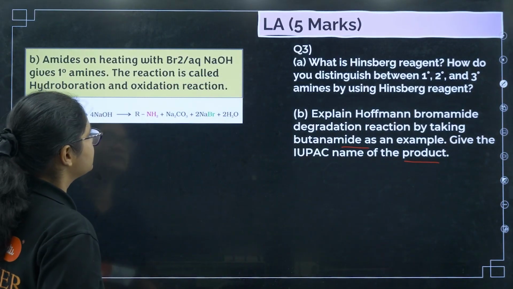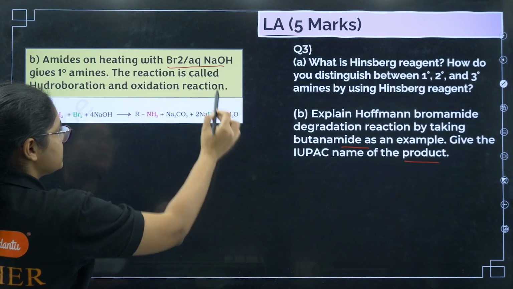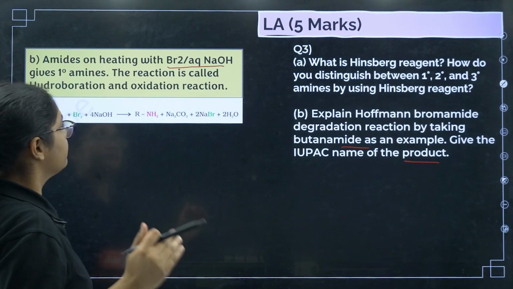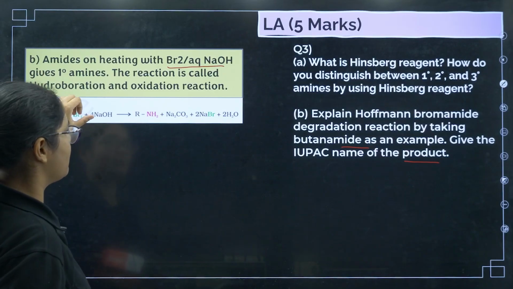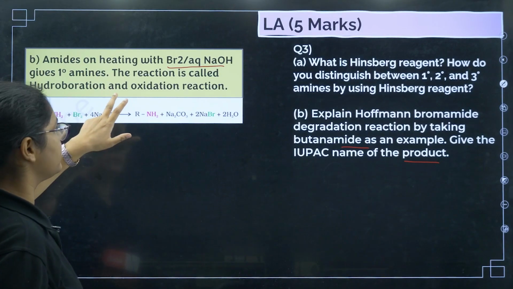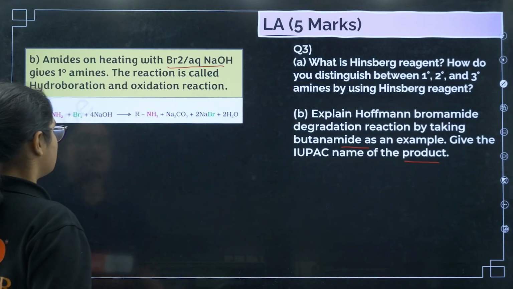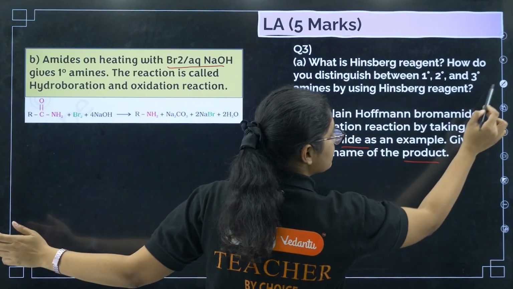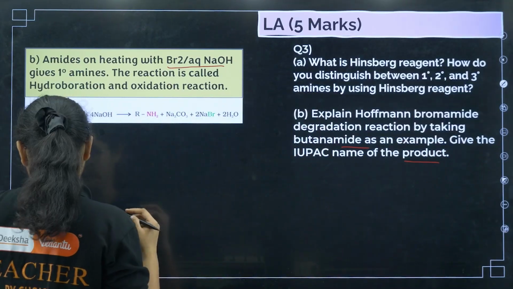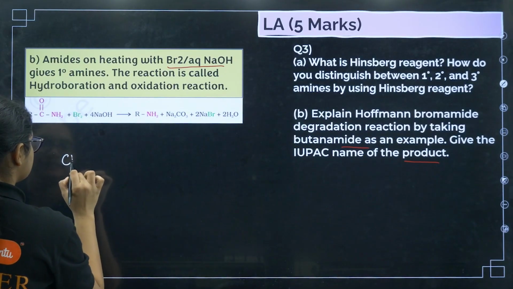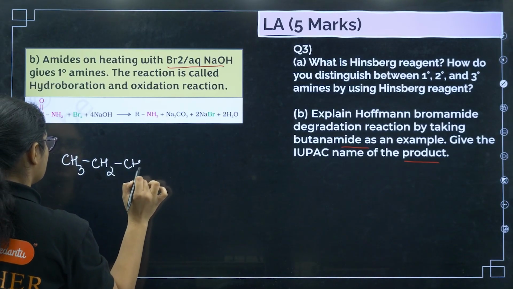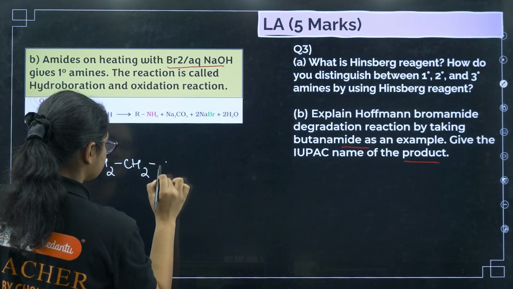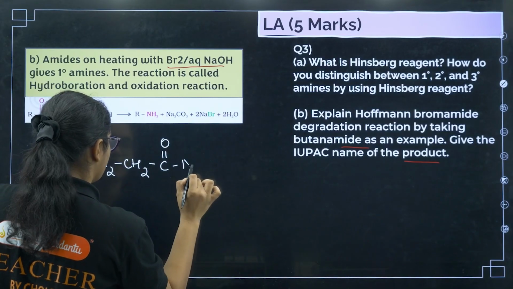So whenever amides are heated with bromine and aqueous NaOH, it gives you primary amines. The reaction is called the Hofmann bromamide degradation reaction. Now the question has asked you to take butanamide as an example. So we will take butanamide as an example, that is CH3, CH2, CH2, CO, NH2.